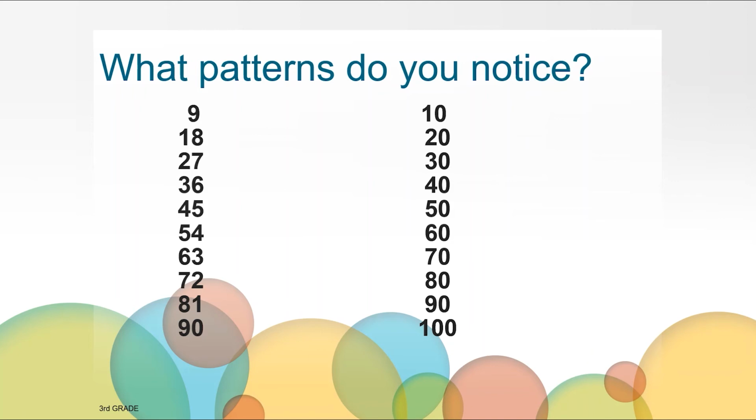How about the ones place? 9, 8, 7, 6, 5, and so on. Did you notice that these numbers are also increasing from the top to the bottom? Did you notice that the numbers are increasing by 9? These are the numbers we say when we are counting by nines, or we can call them the multiples of 9.